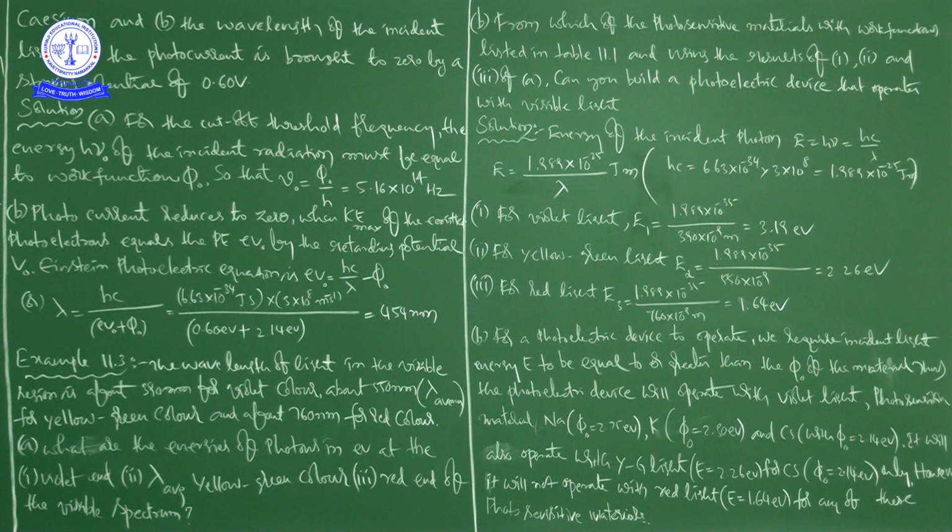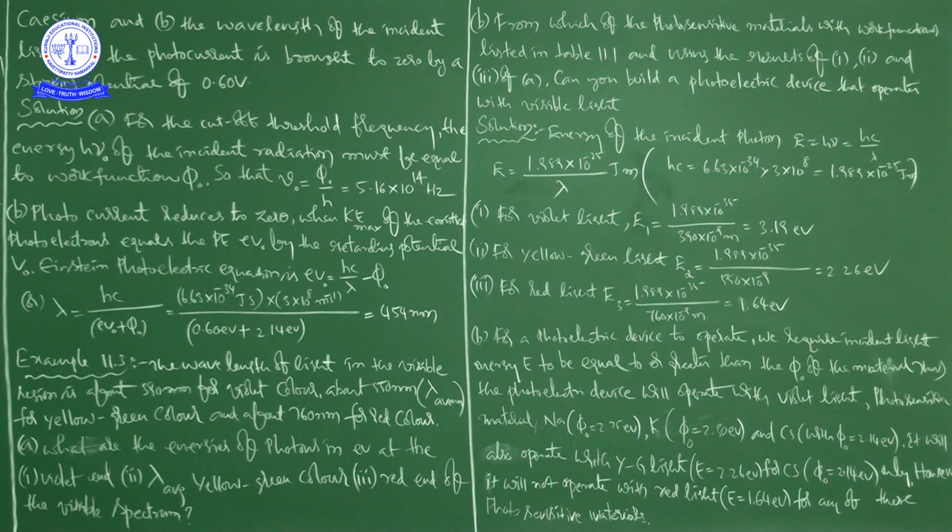What is A? What are the energies of photons in electron volt at the violet end? Next, the average wavelength, that is for yellow green color. And third, the red end of the visible spectrum.